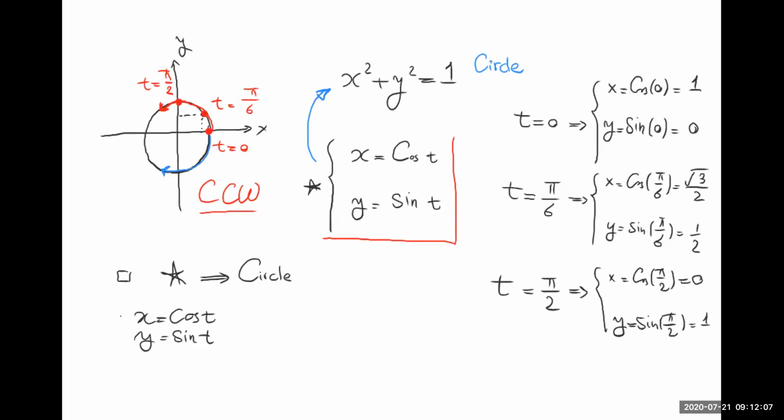Circle means x squared plus y squared should be 1. But what is x squared plus y squared? X is cosine of t, so it would be cosine of t squared. Y is sine of t, so it would be sine of t squared. But cosine squared of t plus sine squared of t is always equal to 1. So x squared plus y squared is equal to 1, which means this is a parameterization of the circle.